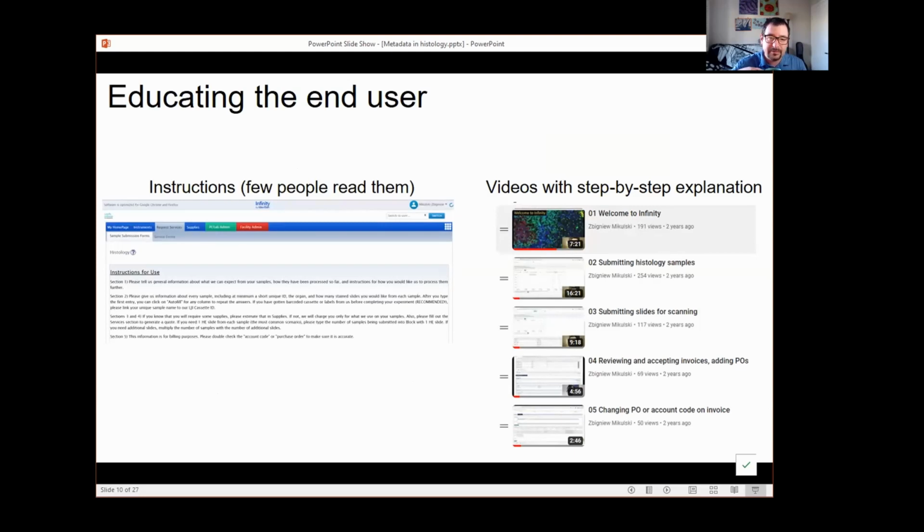So few people read those instructions. A few more people watch my step-by-step explanation. I highlighted the first video that paints this rosy picture of how good your sample processing will be if you follow those easy 77.5 steps. That's essentially selling them the value proposition of this whole thing.